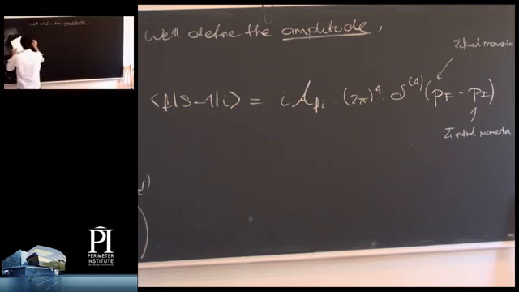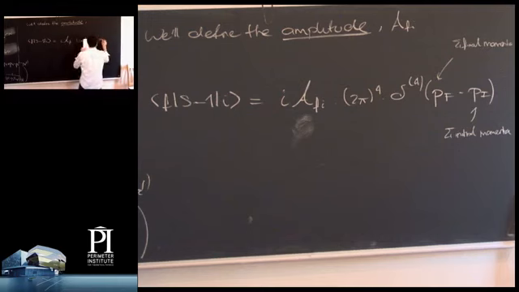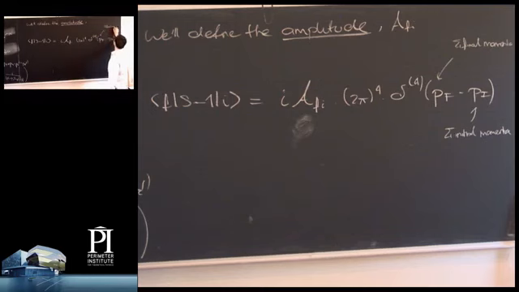So in general, some initial state going to some final state is always going to have a 2 pi to the 4 times some delta function, where this is the sum of the final momenta and this is the sum of the initial momenta.